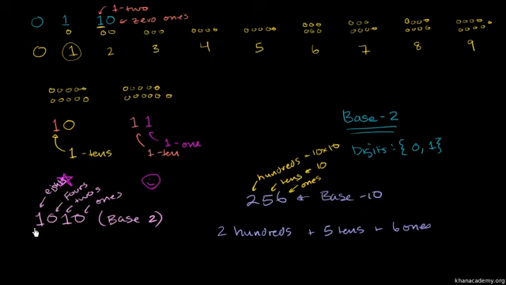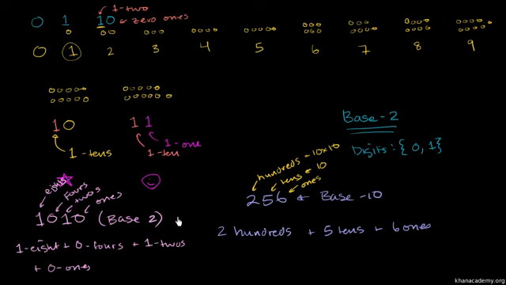So if you wanted to think about this in terms of base 2, this is 1 8, plus 0 4's, plus 1 2, plus 0 1's. So if you wanted to represent this exact same number in base 10, it's 1 8 plus 1 2.